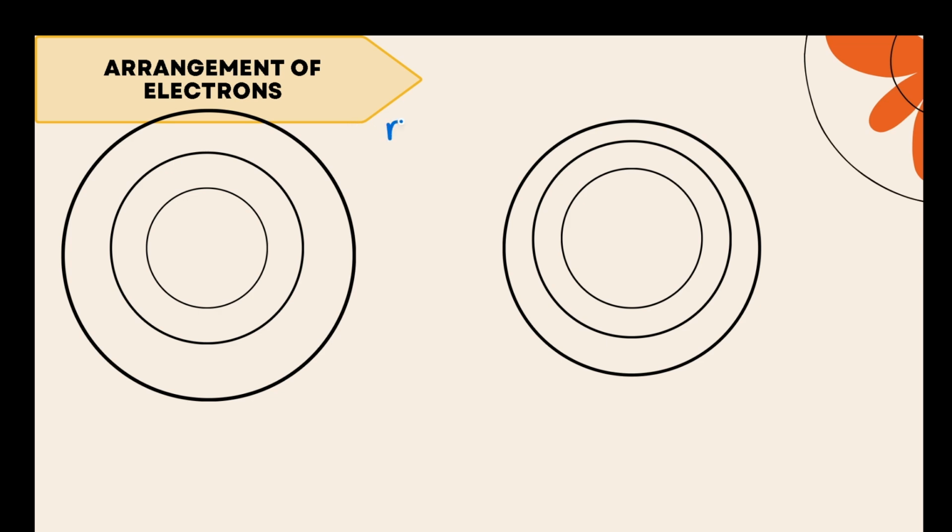Phosphorus has atomic number 15 and mass number 31. The electronic configuration will be 2, 8, 5. First shell 2 electrons, second shell 8 electrons, and the last shell 5 electrons.